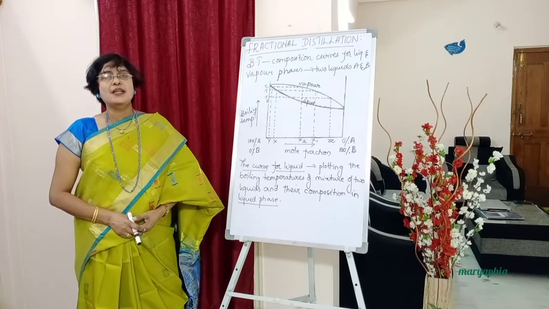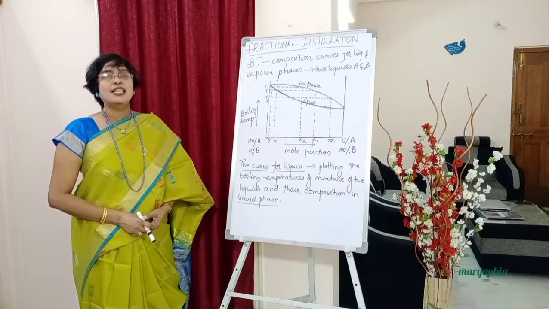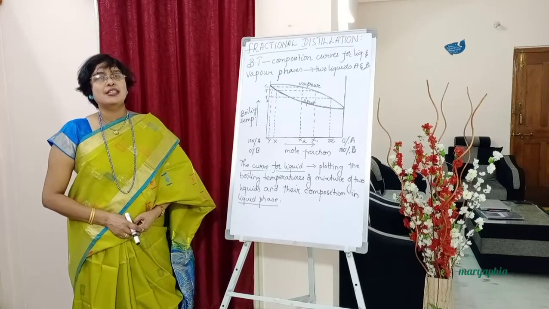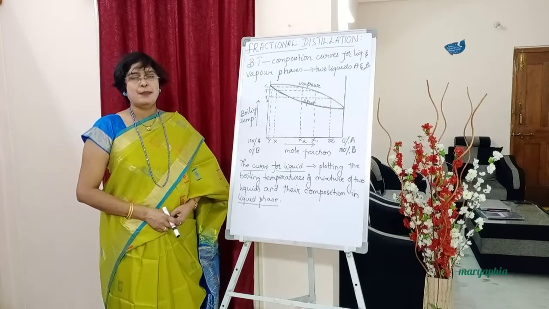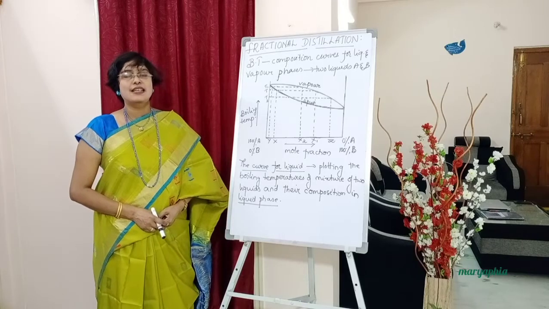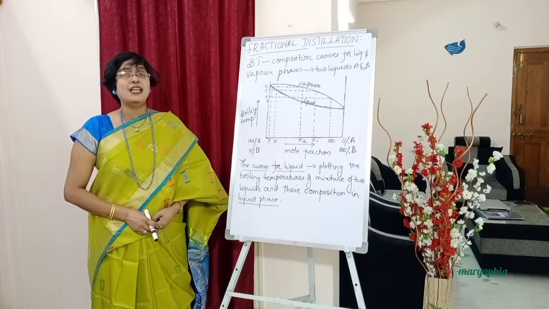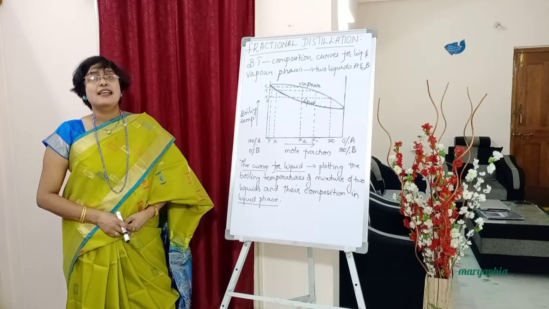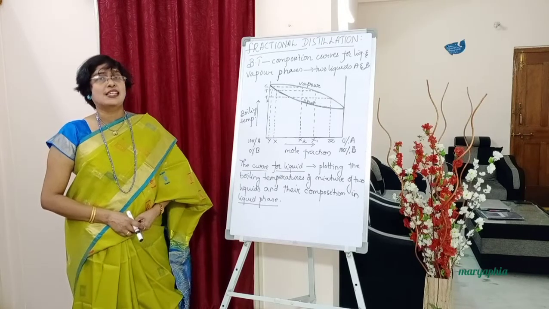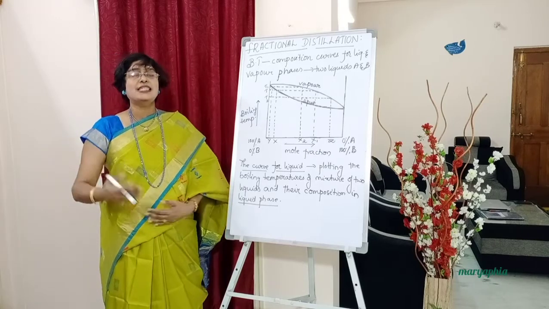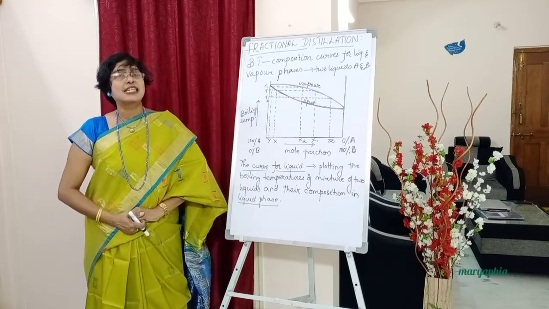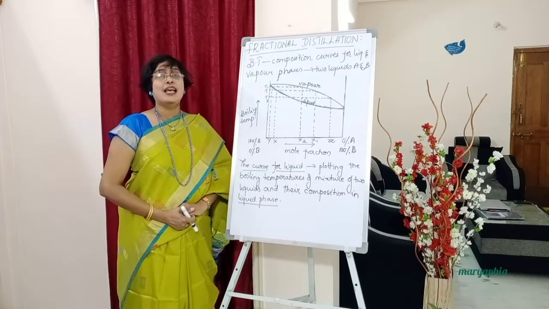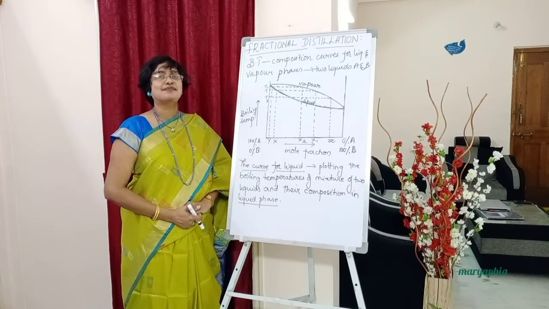This can also be asked as boiling temperature composition curves of two liquid components in liquid and vapor phases. Okay students, the question might not be asked directly, but it can be asked indirectly as: explain boiling point temperature or boiling temperature and composition curves of two liquid components in liquid and vapor phases.